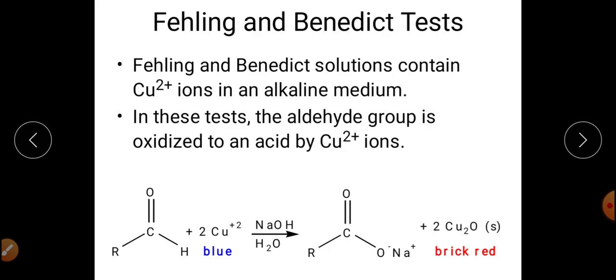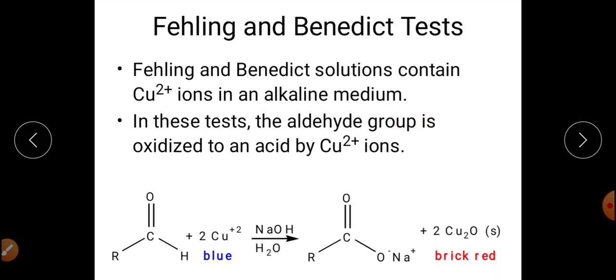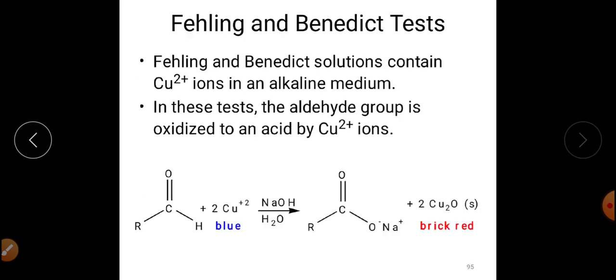We generally heat the aldehyde with this Benedict solution, and again that forms the red precipitate of cuprous oxide. The appearance of this red precipitate is an indication that the unknown organic compound contains an aldehydic group.